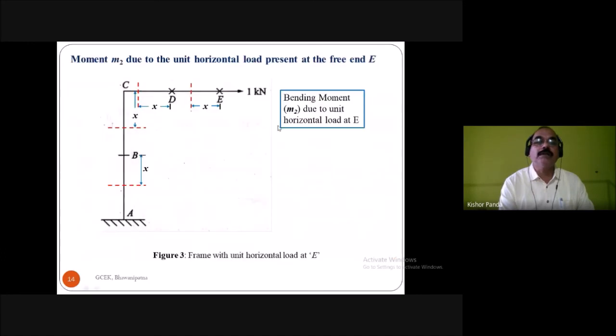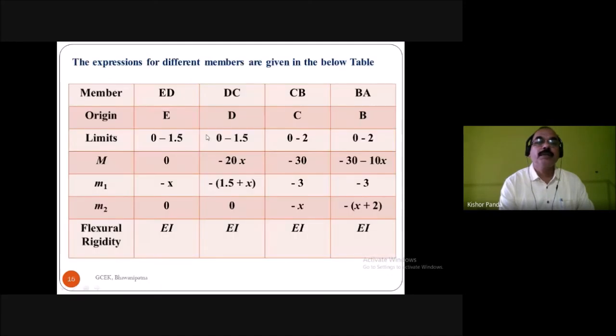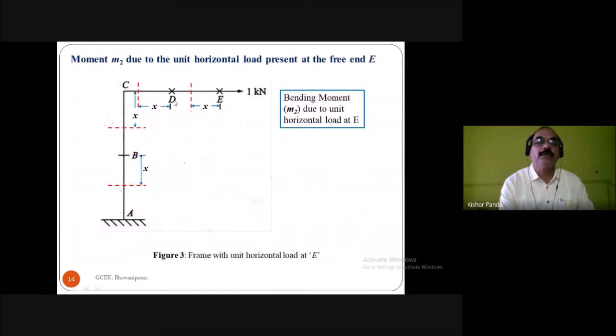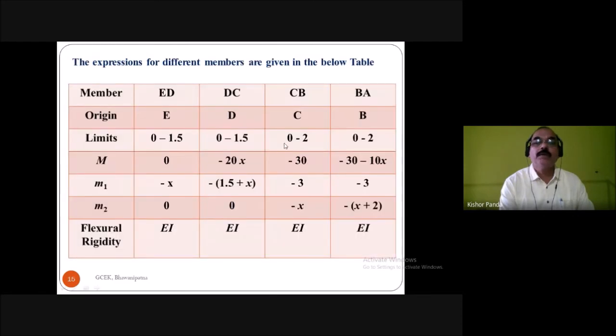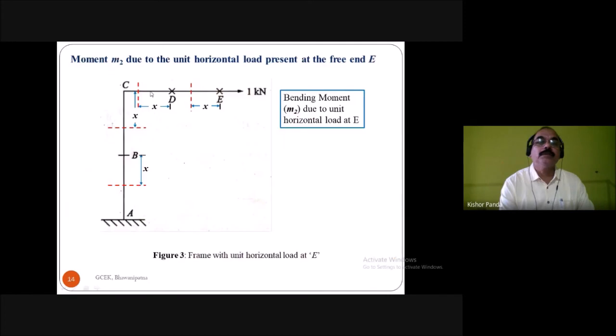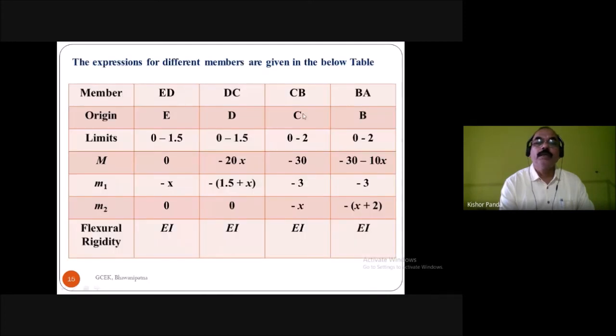But the origin for ED is E, for DC is D, for CB the origin is C, and for BA the origin is B. Here you are taking the section from the point D, so you have to take the integration limit from 0 to 1.5. Then for CB 0 to 2 and for BA 0 to 2.